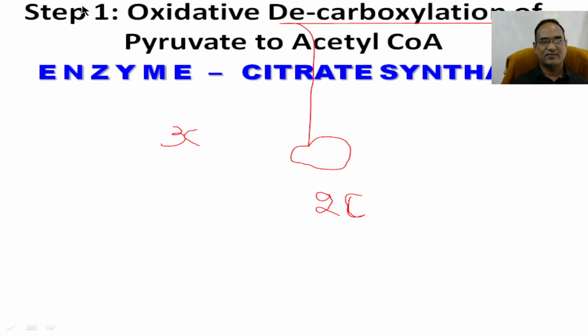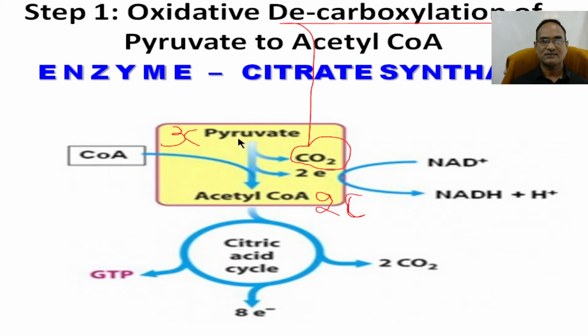The first step of the Krebs cycle is very simple: decarboxylation of pyruvate into acetyl CoA. This is the first phase. 3 carbon pyruvate is converted into 2 carbon acetyl CoA. So the entire process is the conversion of 3 carbon into 2 carbon molecule. Pyruvate consists of 3 carbon.